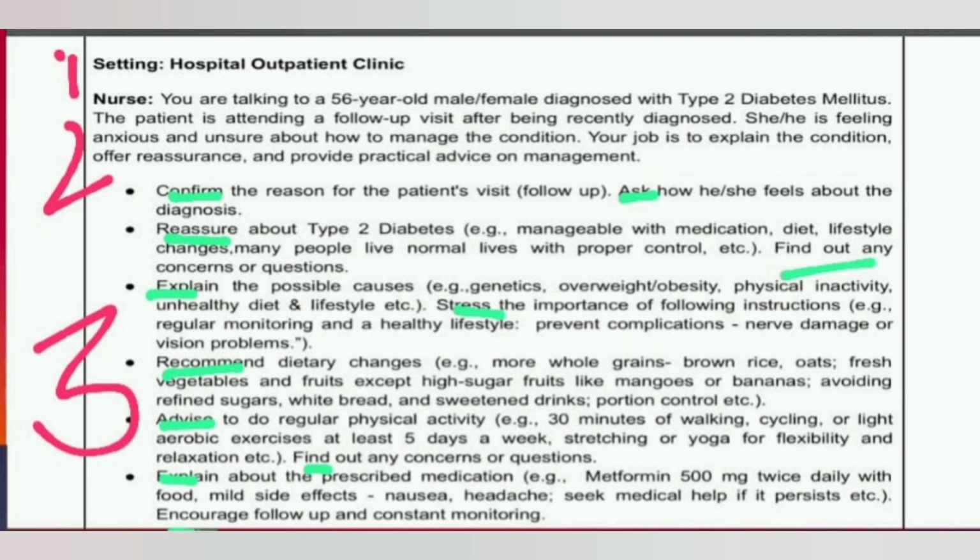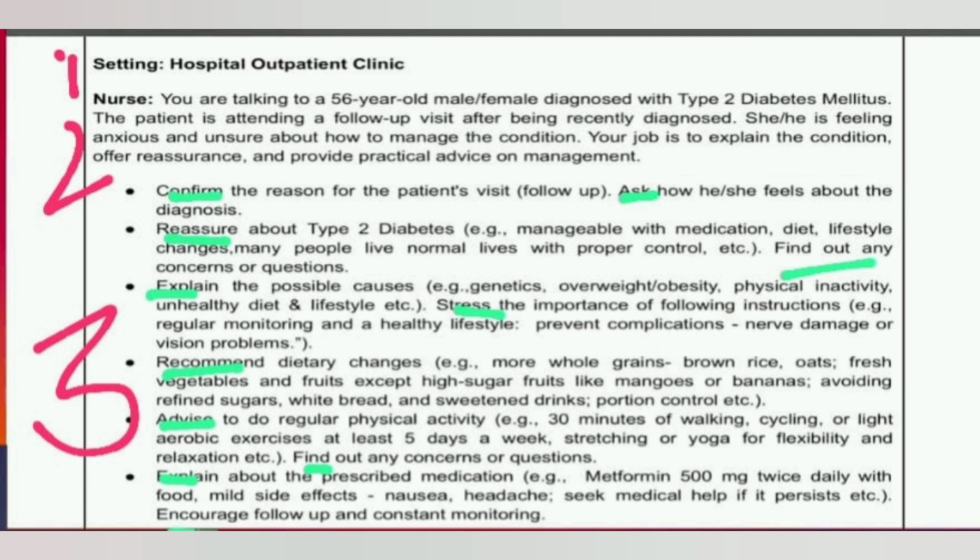Example: 30 minutes of walking, cycling, or light aerobic exercises at least 5 days a week, stretching or yoga for flexibility and relaxation, etc. So, here we have to advise the patient regarding the physical activity.